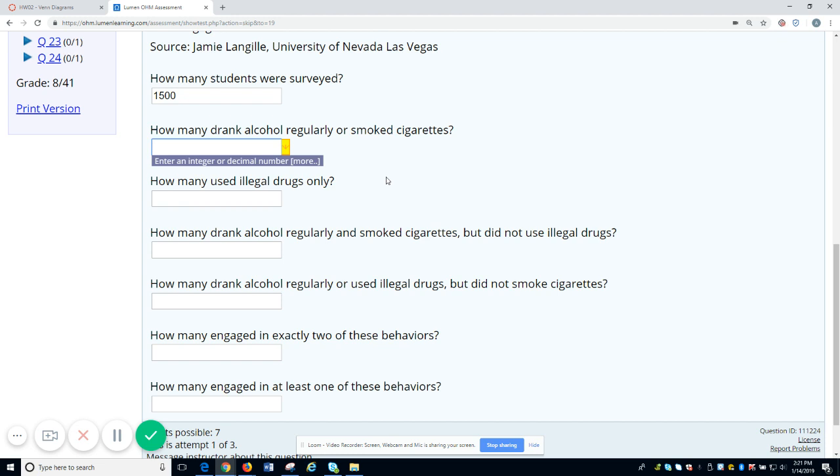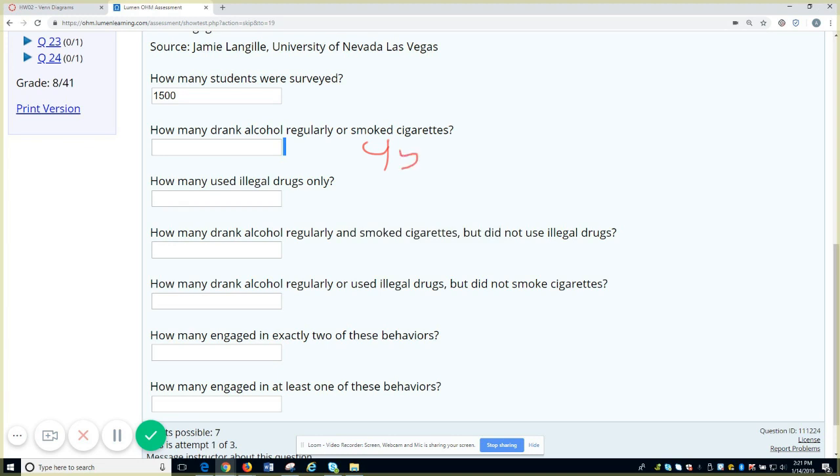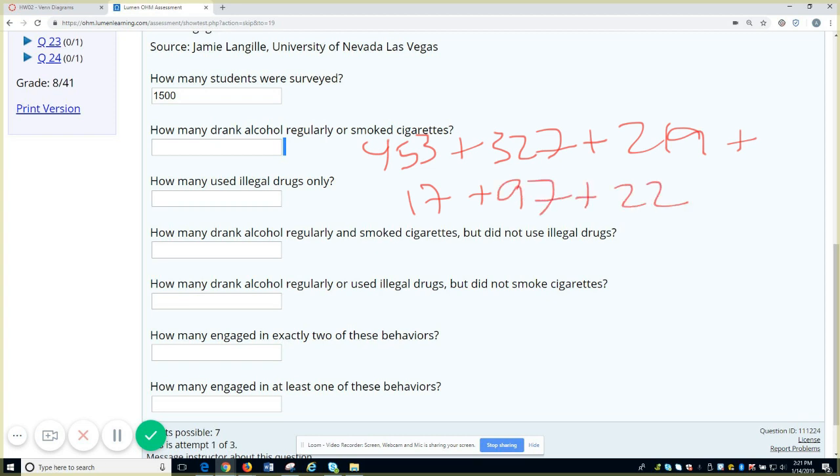So what I'm going to add is 453, then 327, then 219, 17, 97, 22. That should give you 1,135.